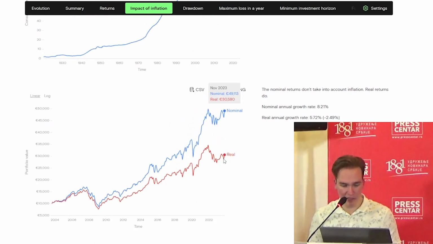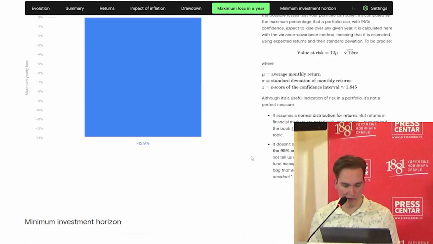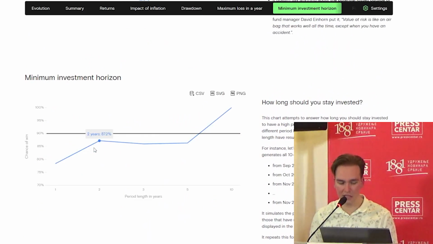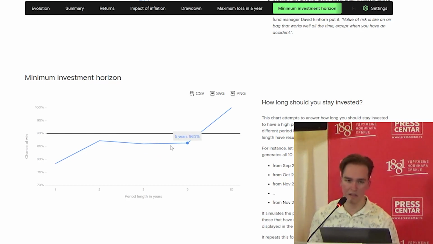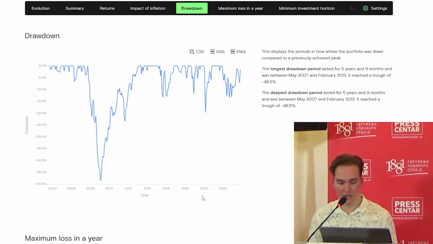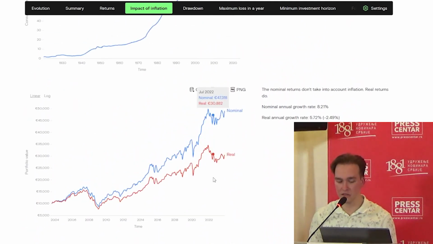For this index, you have different analyses. One that looks cool here is how long you had to be invested in the index in the past so that it doesn't return a negative value or less than you put in. And it turns out that every time you held it for 10 years, it was always positive. The worry with stock investment in general is that it's volatile. One year it's going to go quite down, the other year it's going to go quite up.